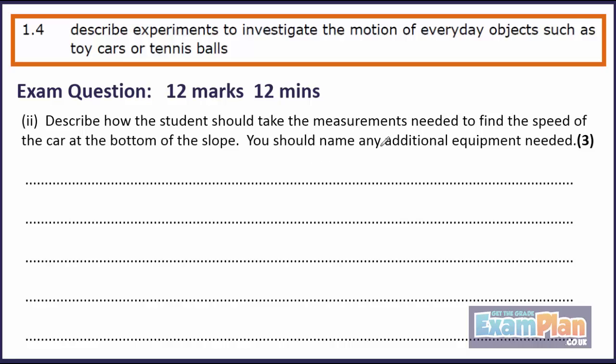Next question. Describe how the student should take the measurements needed to find the speed of the car at the bottom of the slope. You should name any additional equipment needed. So here we can use the ticker tape method that we discussed in the previous video. We will not waste time and space detailing the setup, as the question is more concerned with the measurements.